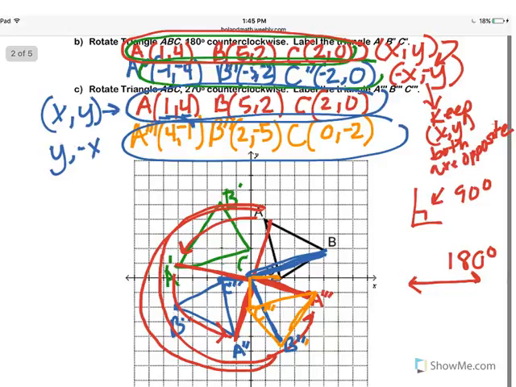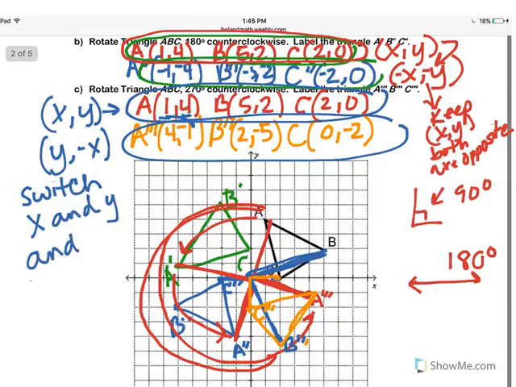So you switch x and y and change the sign of the x. And that is the rule for rotating 270 degrees counterclockwise.